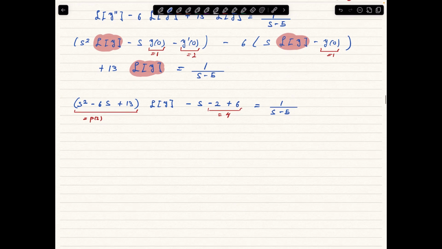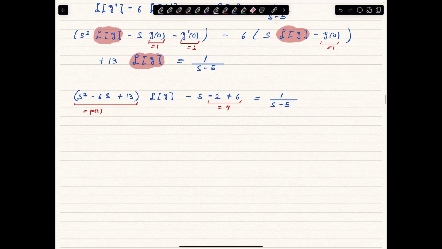So now we can move it to the other side. We are going to have s squared minus 6s plus 13 times the Laplace transform of y equal to s minus 4, and then plus 1 over s minus 5.